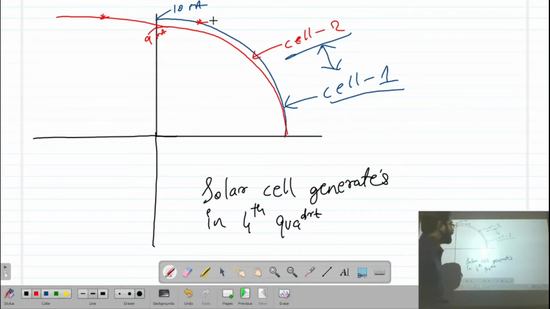In this process, the star is nothing but the operating point of solar cells. The operating point of cell 2 shifts into the second quadrant.